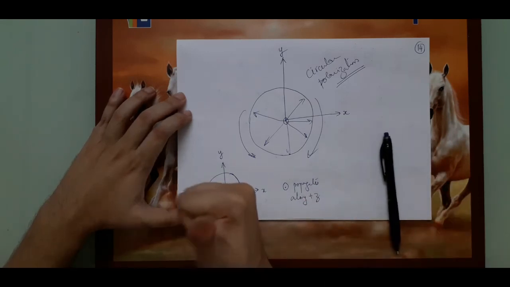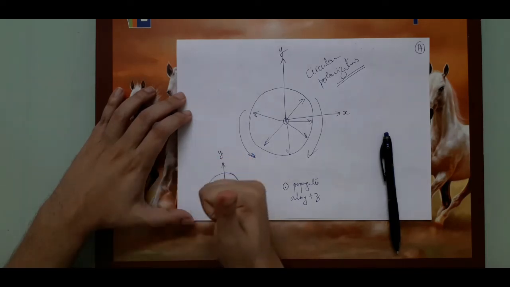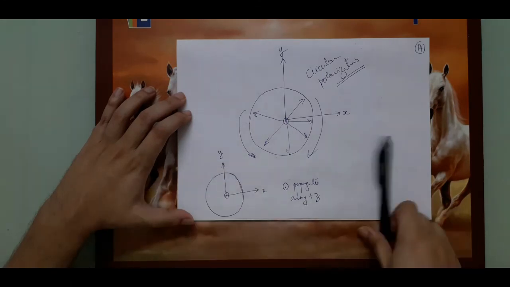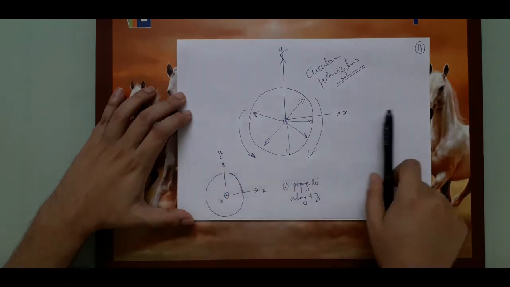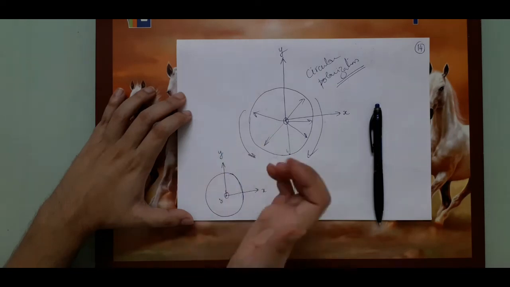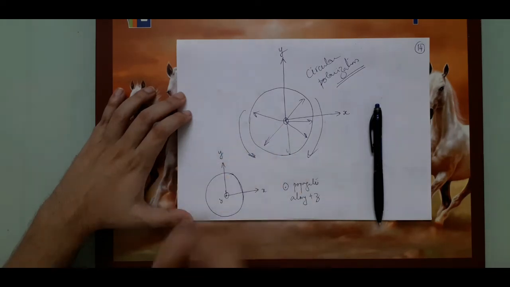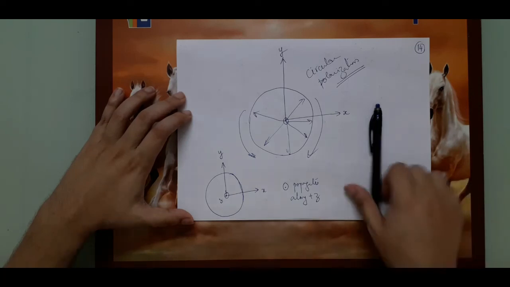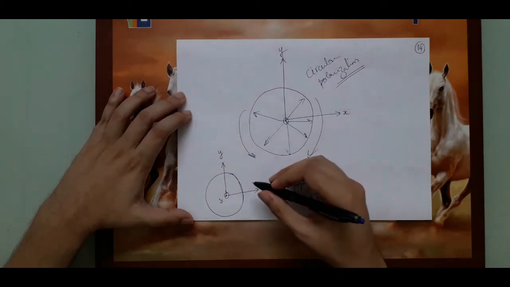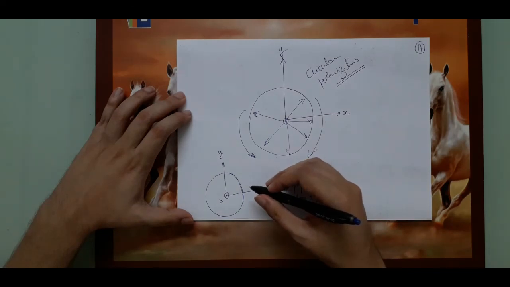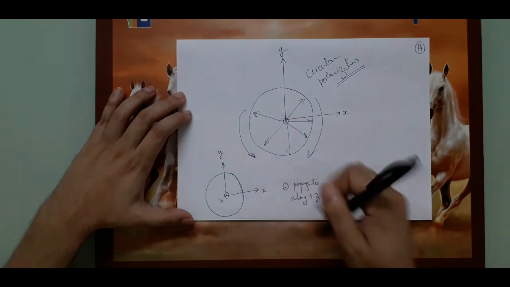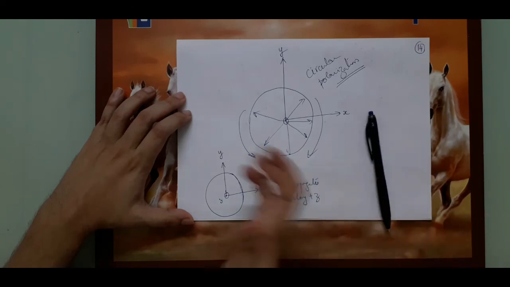If I hold my thumb along the direction of propagation of the wave, suppose it is coming out of the plane of the paper, that is on the positive z-axis, then the curled fingers would rotate in something of this kind.